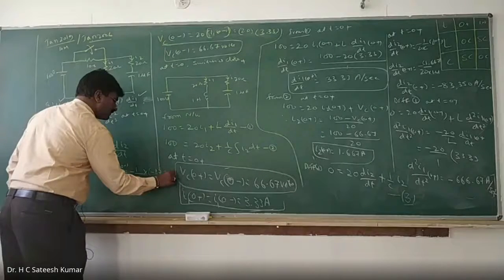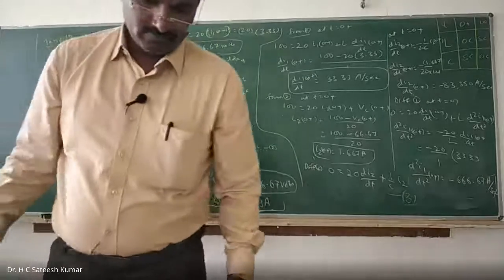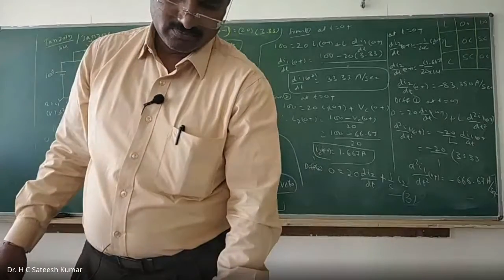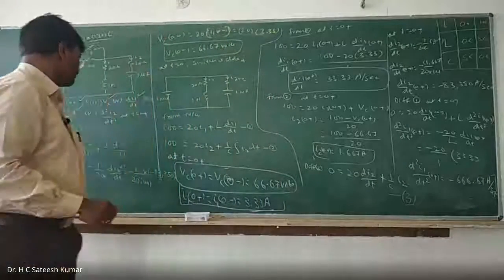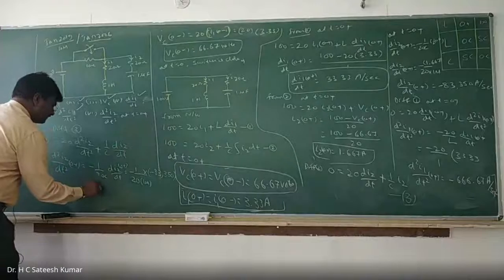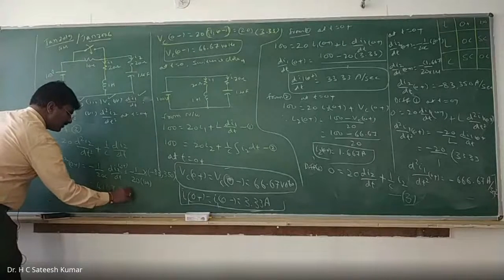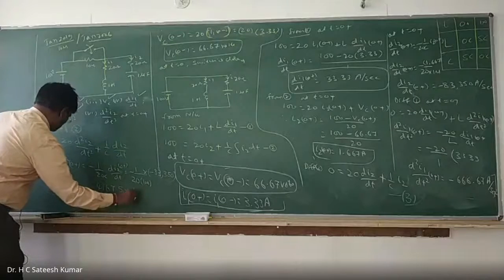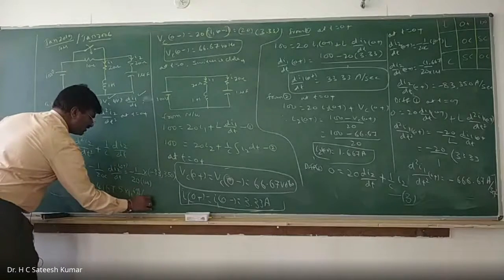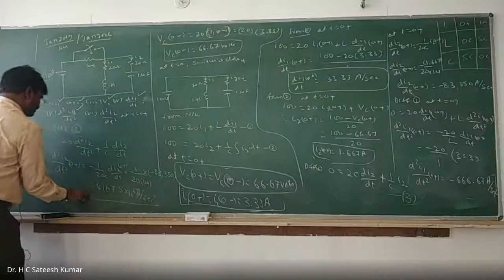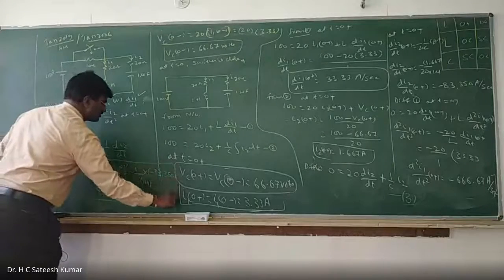How much is that? 4167 into 10 to the power of 6 amps per second square. That's how we should do it. So that is your d squared I2 by dt square.